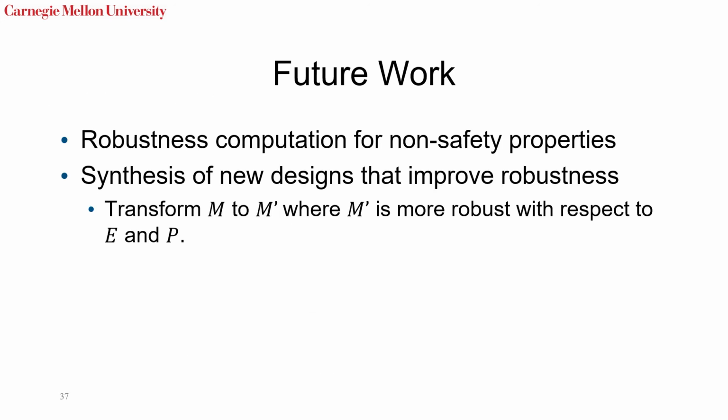In the future, we'd like to work on robustness computation for non-safety properties, for example, liveness properties. Also, we're interested in how to synthesize a new design of a system which improves its robustness. For example, by using some model repair or model transformation techniques, we can get a new design M prime such that M prime is more robust with respect to the environment E and property P.